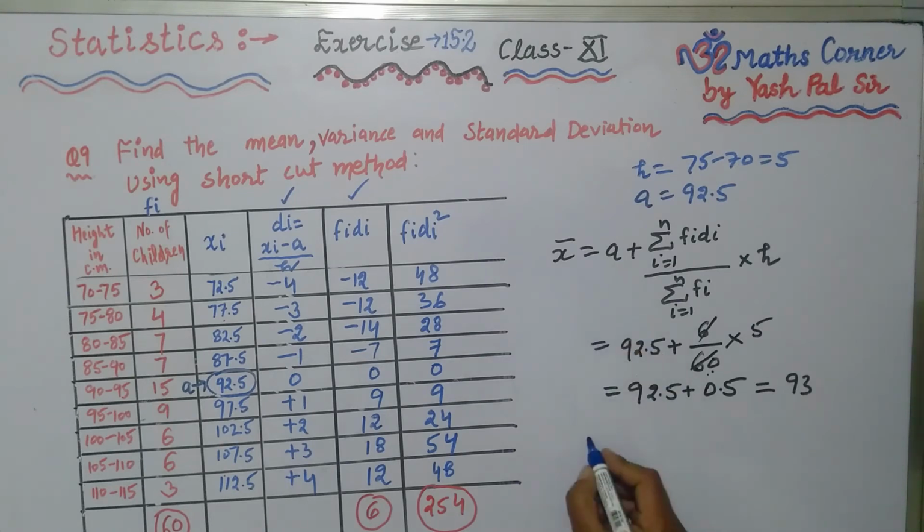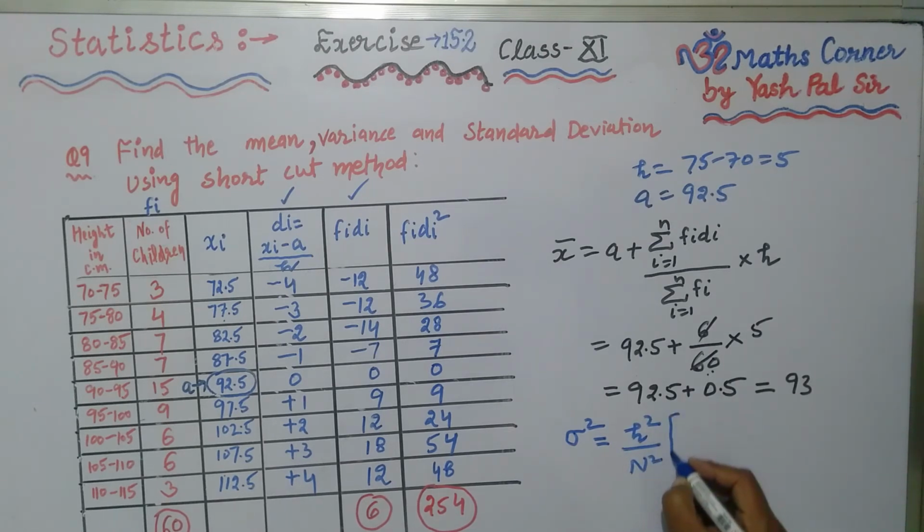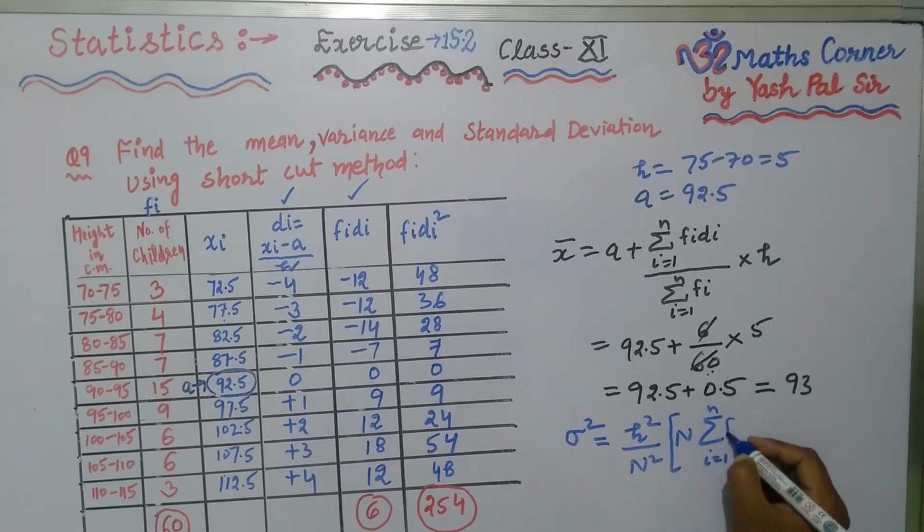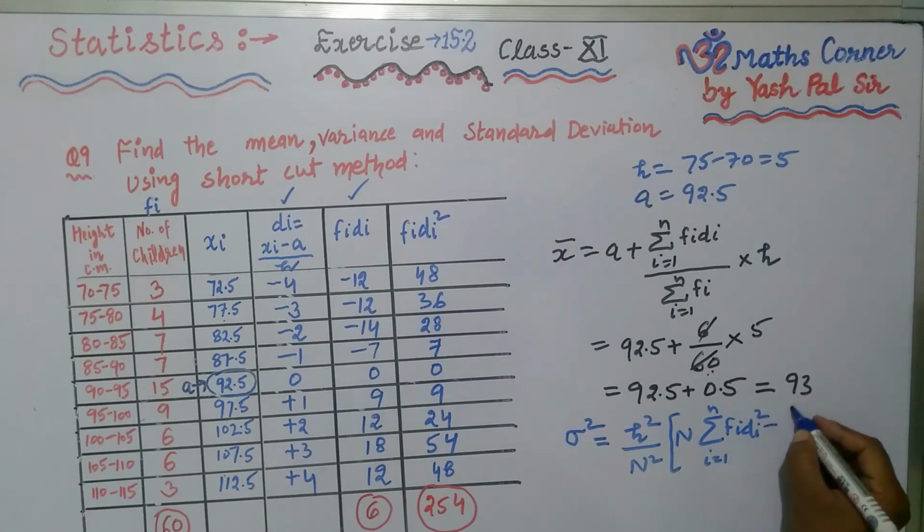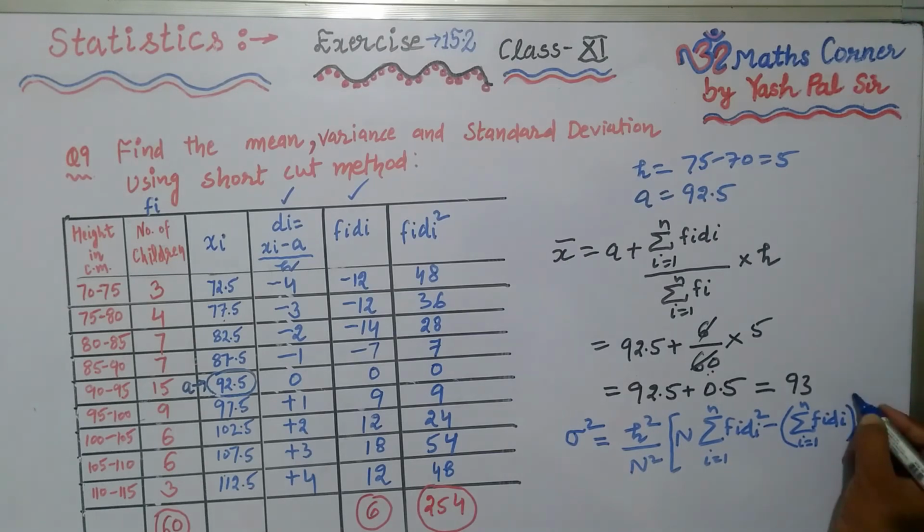Now we find the variance. Variance means sigma square. The formula is h square divided by n square, into the bracket n times summation of fi di square minus the bracket summation of fi di whole square, bracket closed.